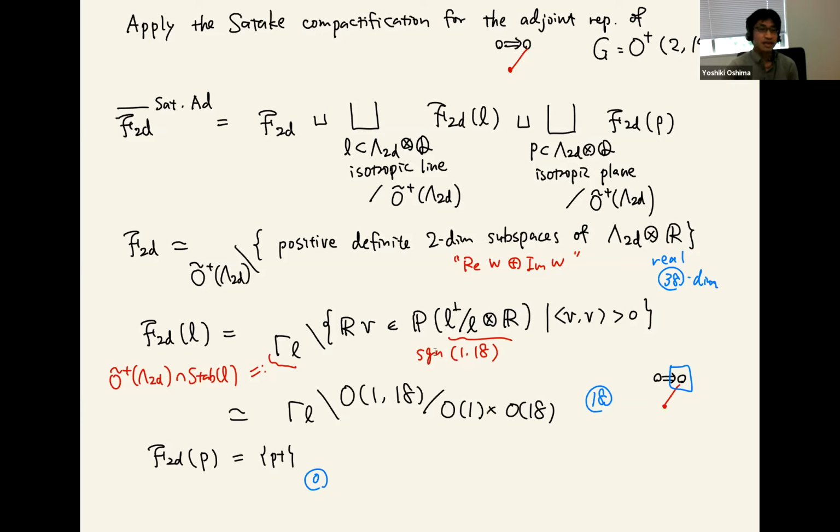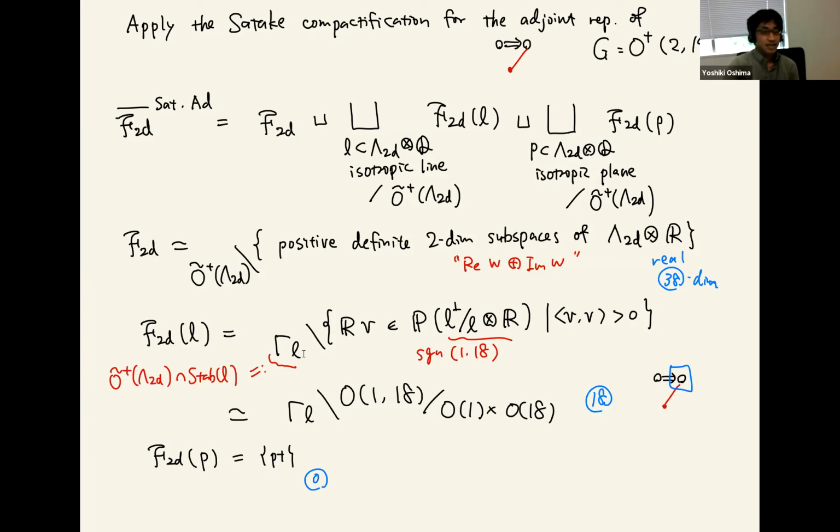For F2D, this is a positive definite two-dimensional subspace. By degeneration, it becomes semi-positive definite, and one direction is isotropic. This is direction L, and another direction is V. This is positive. So in this case, this is a semi-positive definite two-dimensional subspace. And we choose a basis V, then we can describe it this way.